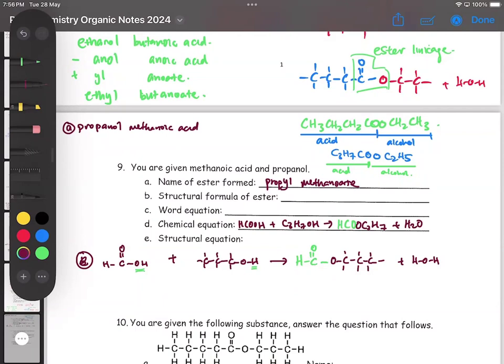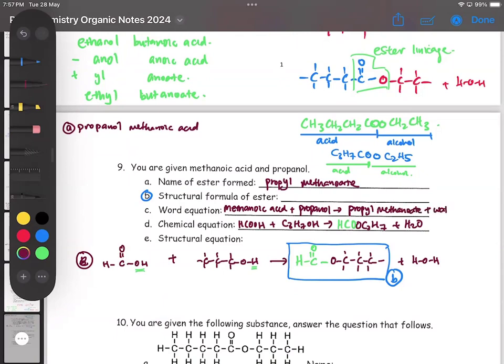Oh, by the way, this one will be the answer for B. Right, word equation. Okay, that's all.